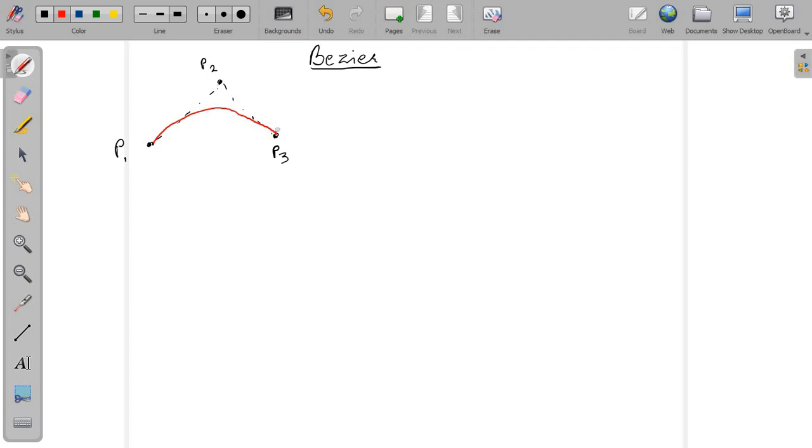Okay, so this is a bezier curve. Now let us see more points. Suppose we have about 5 points. P1, P2, P3, P4, P5. So these are your control points.